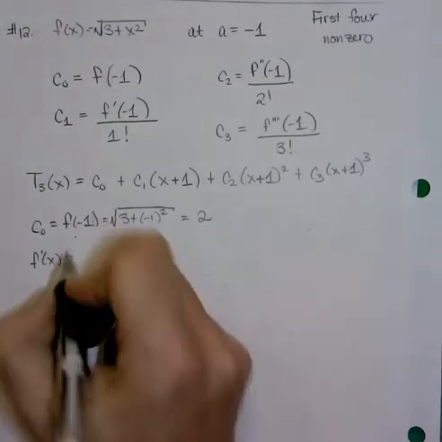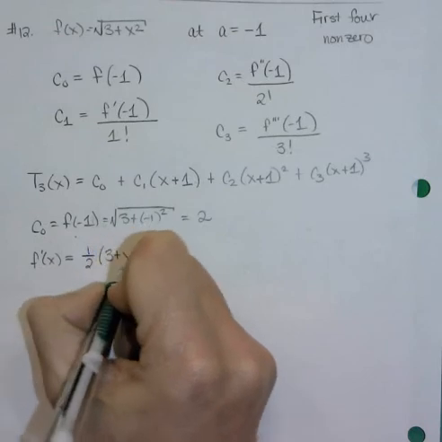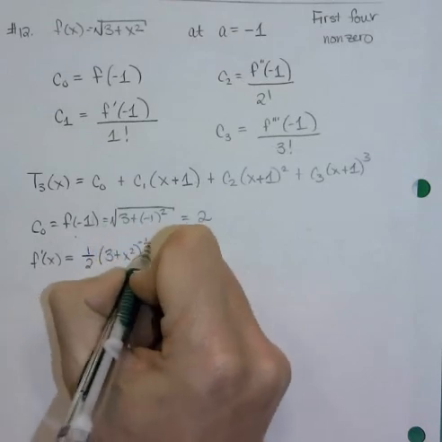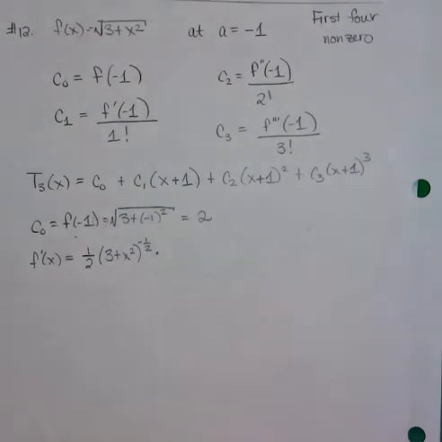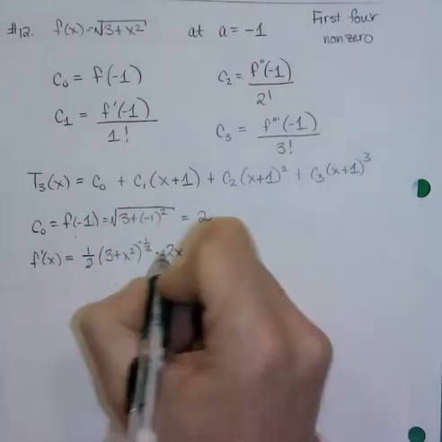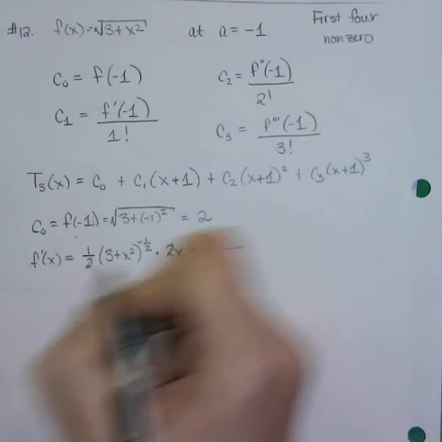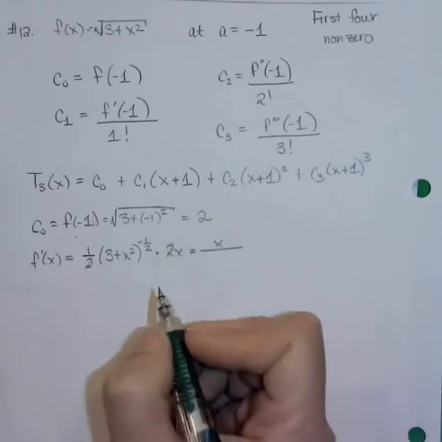So the 1/2 comes out in front. 3 plus x squared to the -1/2 times the derivative of what's inside, which is 2x. So the 2's cancel, and we get x over the square root of 3 plus x squared.